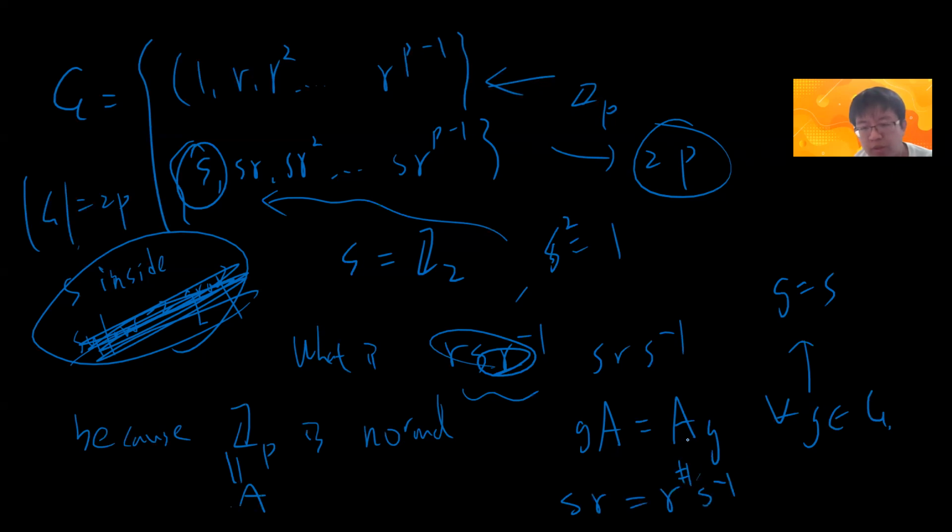So the key is that we just need to find this power. Now we already get our group: it must be generated by R, S, such that R^P and S squared are 1, and S R S inverse equals R to something. Let's say this is K. So we just need to determine this K.